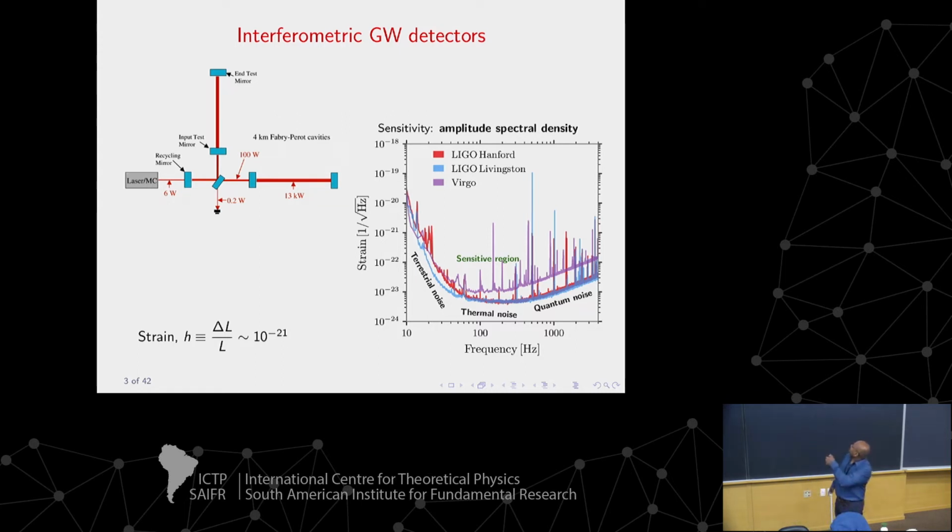This bucket in between the high noise areas is our sensitivity region, and we see that these ground-based second generation detectors are most sensitive in the region of around 100, 200 hertz, so about 20 to 1,000, 2,000 hertz.